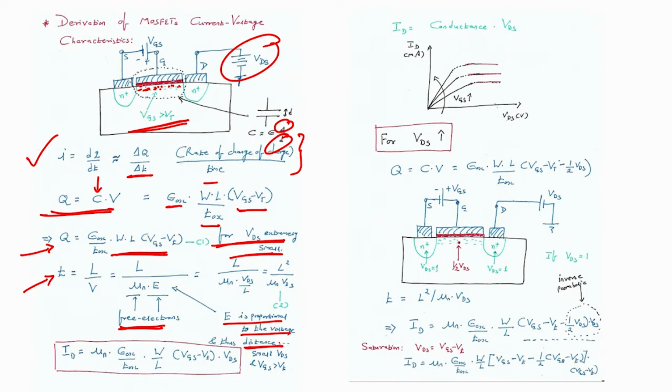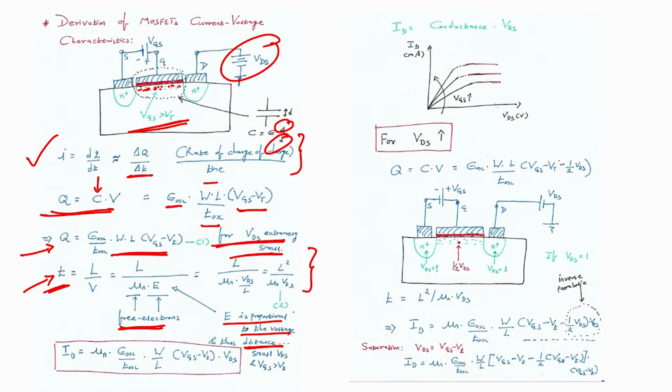So if I substitute this value, my T would be L square divided by mu n into VDS.